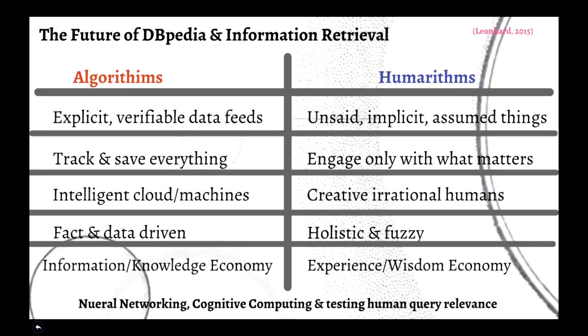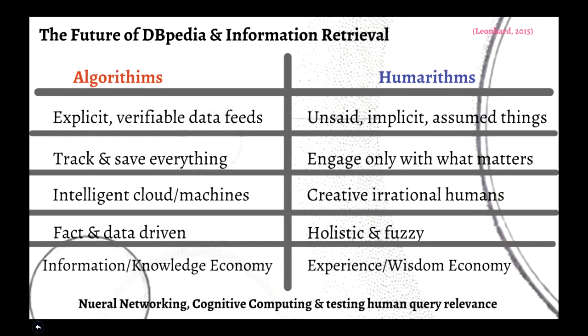An algorithm might track and save everything, while human rhythms engage only with what matters to each individual person. An algorithm is an intelligent cloud or machines, while human rhythms create irrational humans. They're creative, irrational humans, and less predictable.